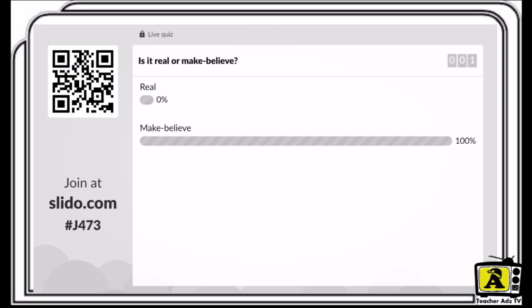Okay, your answer is make-believe. Let us see if it is correct. Correct. It is make-believe because cars can't fly. Probably in the future, but not right now.